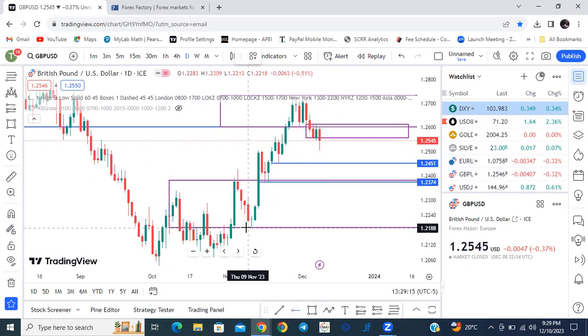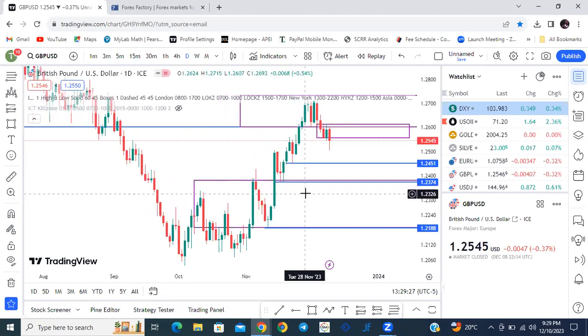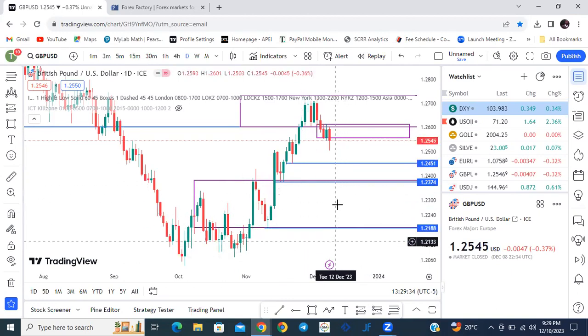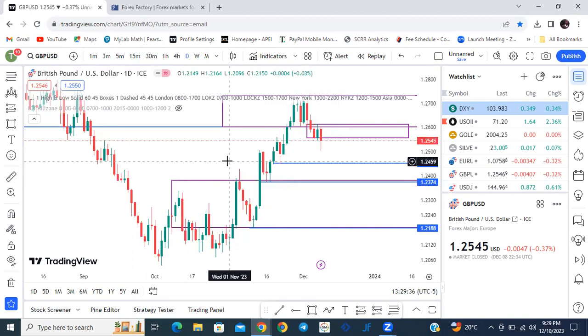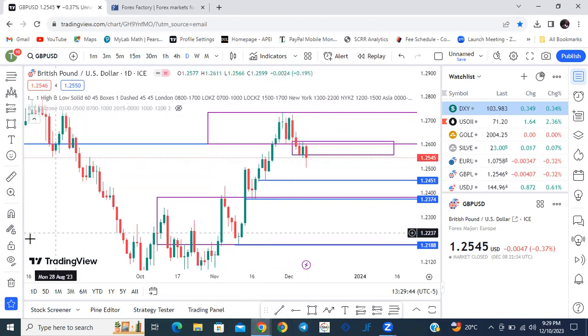But remember, these demand areas on the daily time frame might be reaction points, maybe 50 pips, 75 pips, before the price resumes its flow. Remember, in the weekly time frame we have already confirmed a change of structure. So on the daily time frame, we are waiting because this is the previous high.